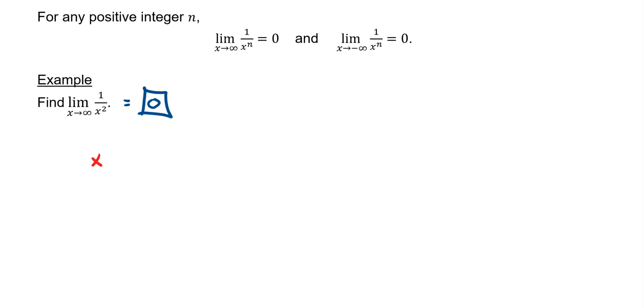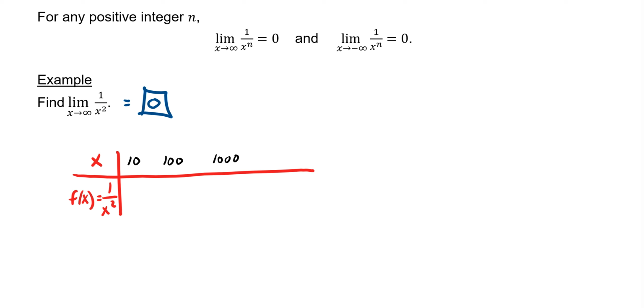For example, if we made a really quick XY table here, and let's say we chose some x values like 10, 100, 1,000, 10,000, and you could keep on going if you wanted to. Then you take these values one at a time and plug them into your function. If you plug in 10, you would get 1 over 10 squared, which is 1 over 100, which is already pretty small.